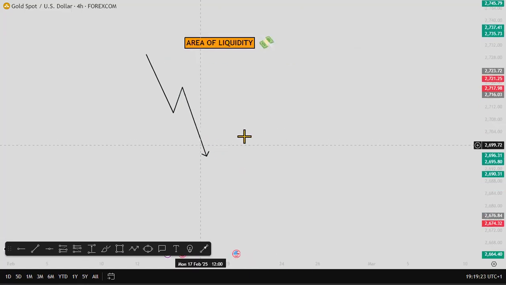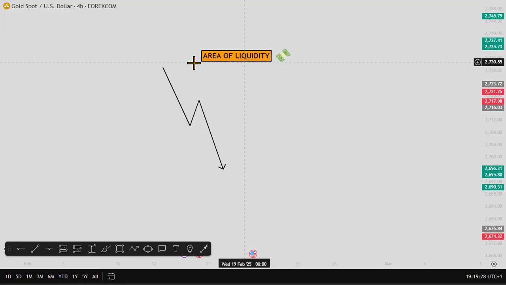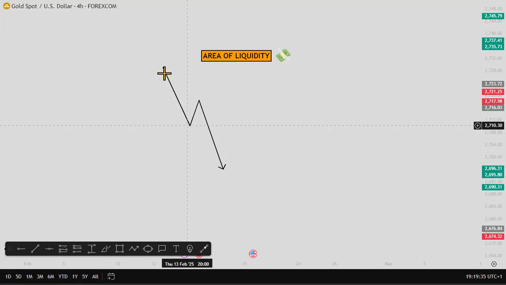The reason why I chose this as an area of liquidity is, let me say this in a way that everybody's gonna understand. If you look at this move here, this is a straight line.